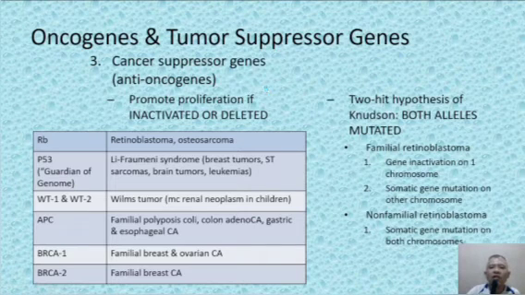For cancer to proceed, both copies of the tumor suppressor gene have to be mutated, inactivated. This is what is known as the two-hit hypothesis of Knudson.